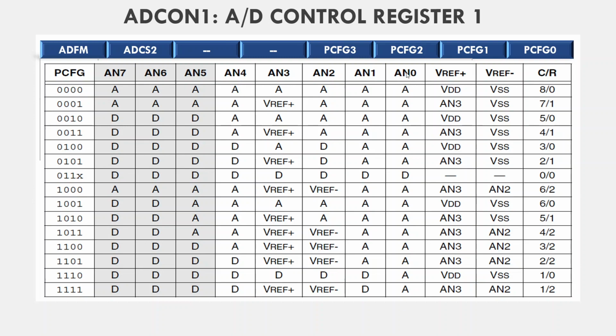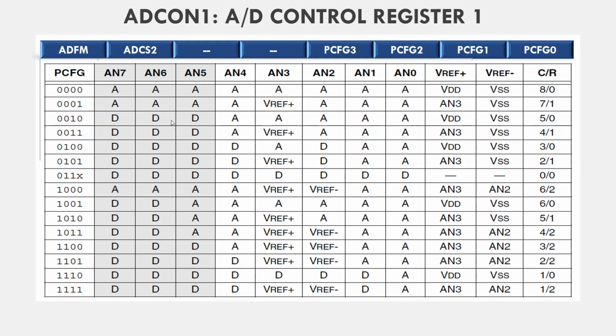From pin 4 to pin 0, channels 4, 3, 2, 1, 0 are all configured as analog, V reference plus is from VDD and V reference minus is from VSS. The total number of channels available in this mode is 5, and the total number of references is 0.